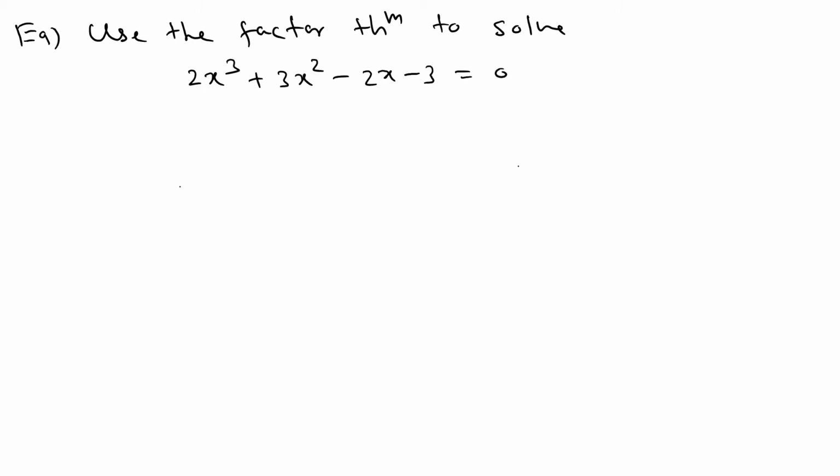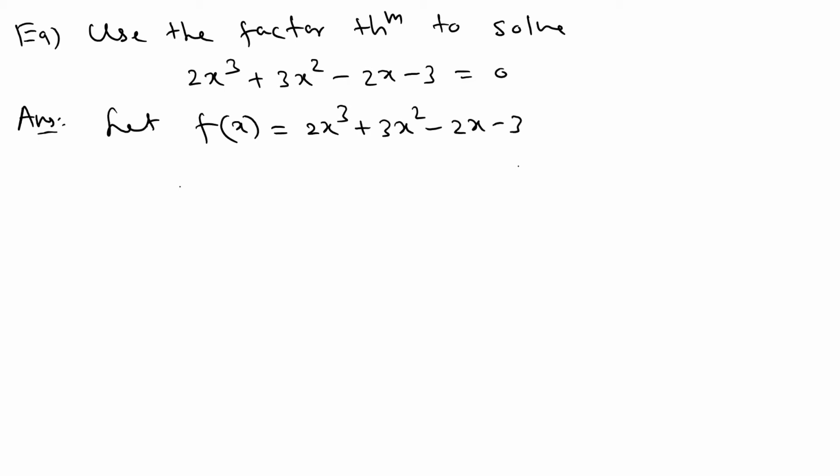What we normally do when we get a problem, so it's a cubic equation, is say let f(x) equal the polynomial here, 2x cubed plus 3x squared minus 2x minus 3. So let's plug in those common values first. We always try 0 and plus or minus 1.